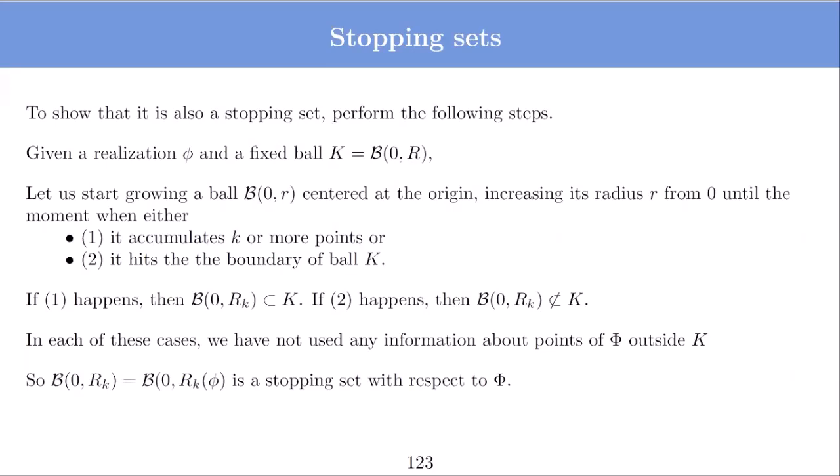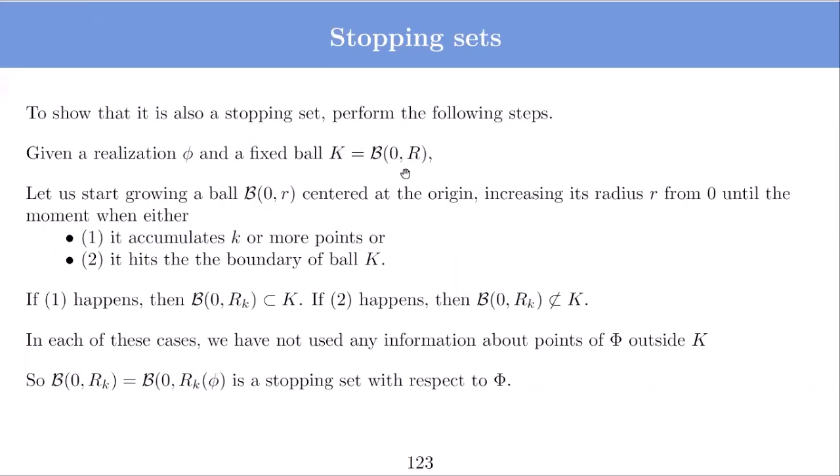Now let us start growing the ball B(0, r) centered at the origin, and we increase the radius r from 0 until the moment either one of these two things happens: either it accumulates k or more points, or it hits the boundary of K. I need to show it for a general K, so I don't need to have this as a fixed ball.